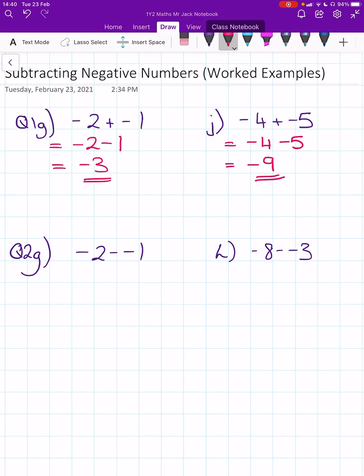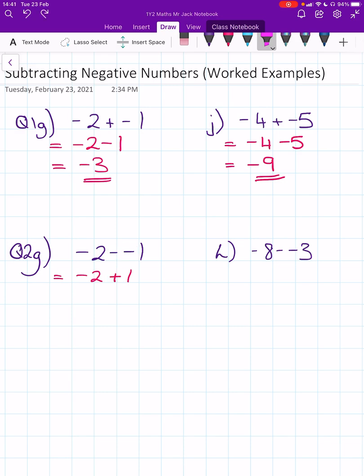Next type of question, this one says -2 subtract -1. Okay, -2 subtract -1. Now I know that subtracting a negative becomes an addition. So you can see there that subtracting a negative has been replaced with an addition sum.